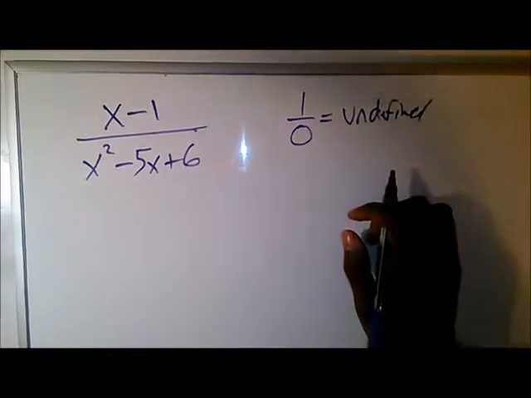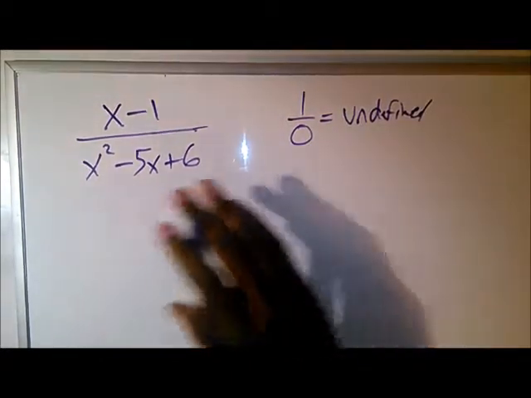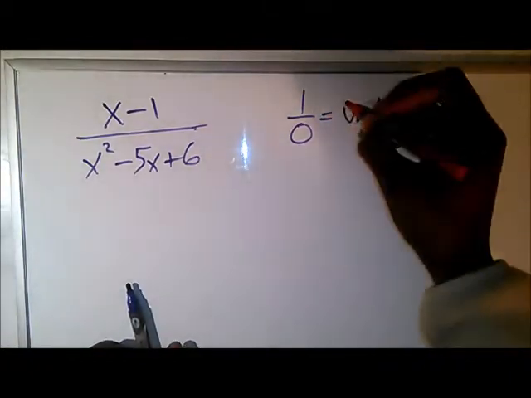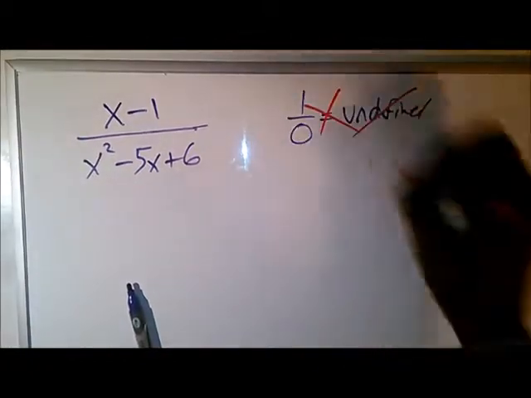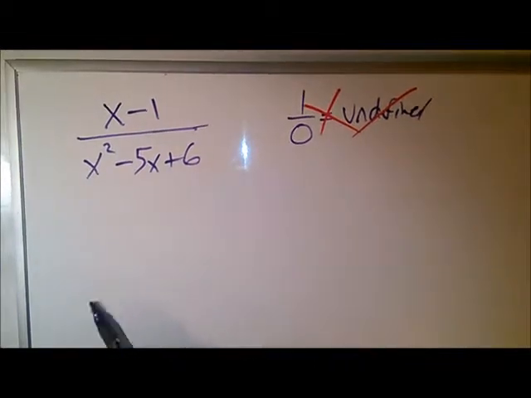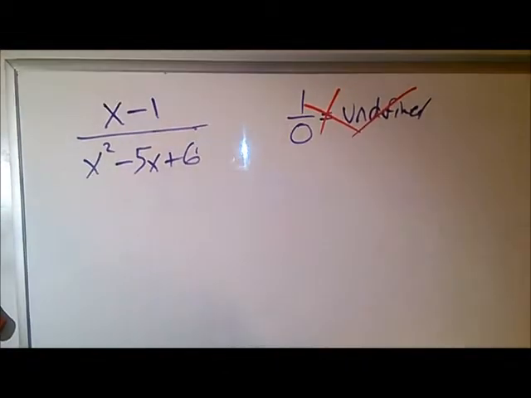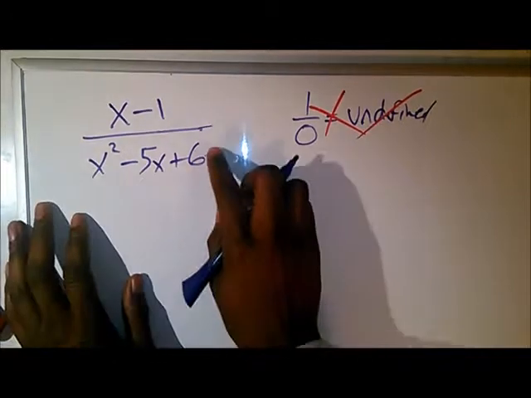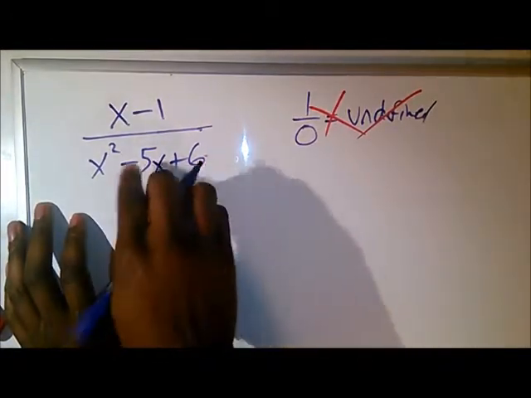It just wouldn't exist. You can't have 1 over 0. It's illegal in math. Just remember that this is illegal in math. You just can't do that. So we don't want zeros in the denominator. We want to eliminate everything that will make this a 0.